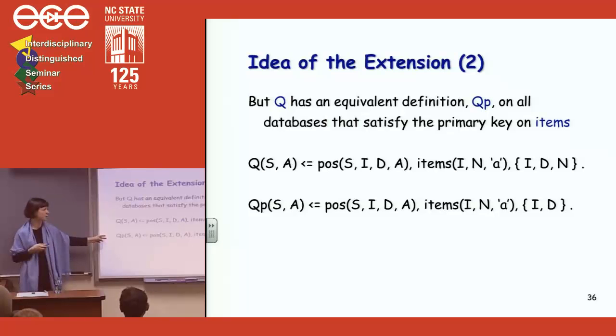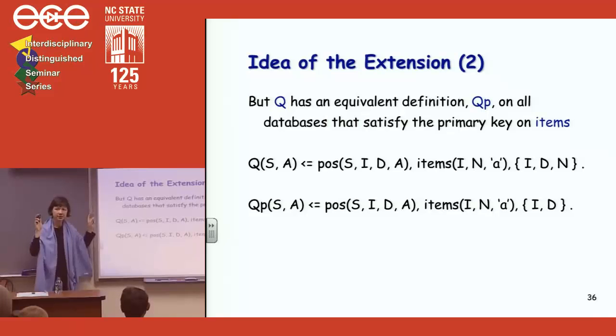So on all databases that satisfy this restriction, these are the same definition. And there is a process called chase to convert this query into this query that really doesn't look into the meaning of those attribute names. It just knows that item IDs somehow determine the value of name.